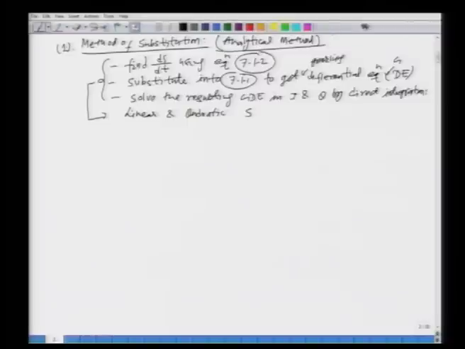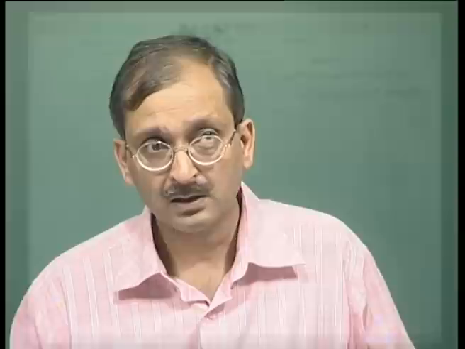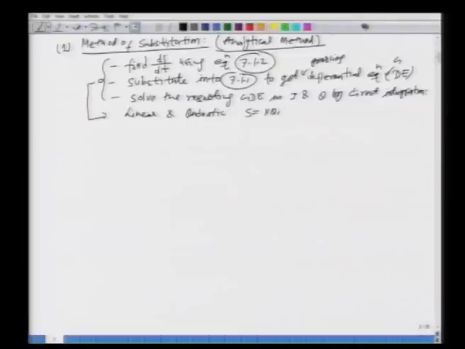So, in the first case it was S is equal to K Q. We have found the governing differential equation in the form of the transfer function operator. We have already done that, all right. And also for the quadratic, in which we said S was equal to K1 Q square plus K2 Q plus K3, I think that was the form, which is a quadratic polynomial, all right. So, we have seen all that. So, that was as far as the first method is concerned, which is the direct method, all right.